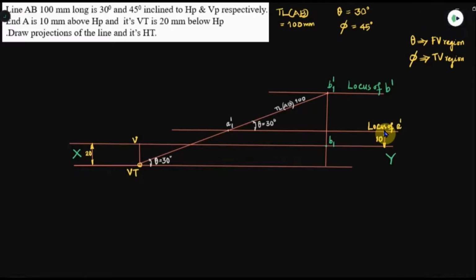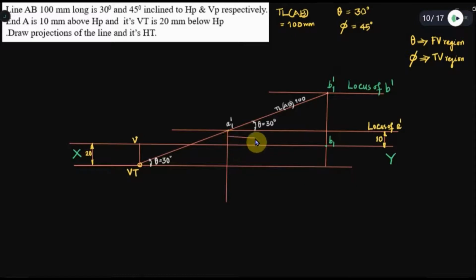Okay. So now we have the top view length of the line AB available from A1 dash up to this, and that also we can mark. If you want, you can mark it, but that is not a major reference line. That's another concern, because A1 dash is an arbitrary point.